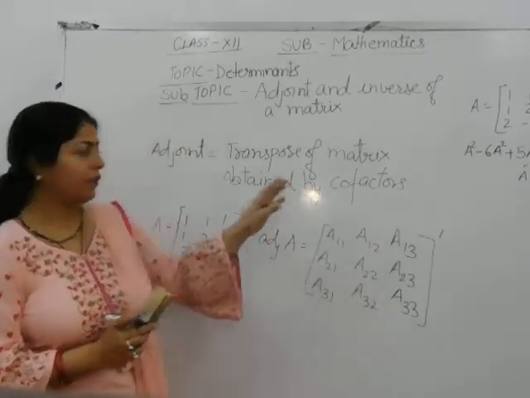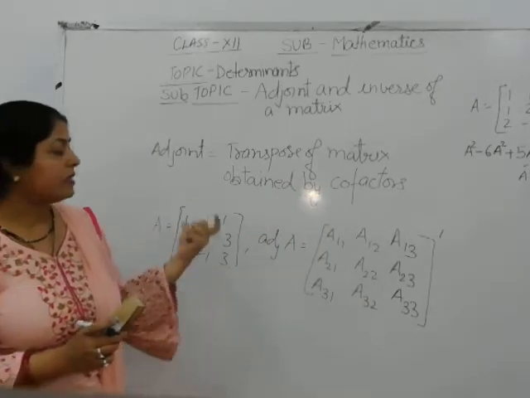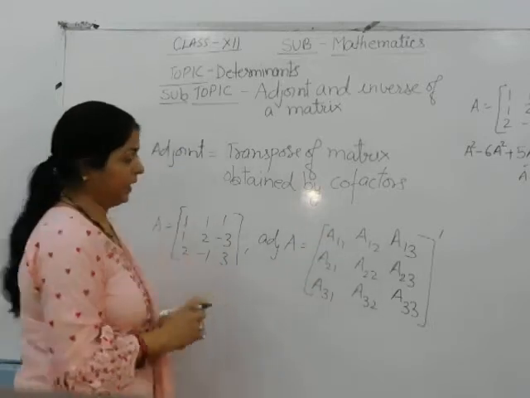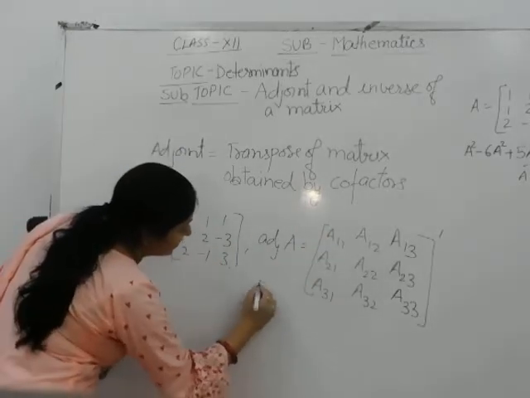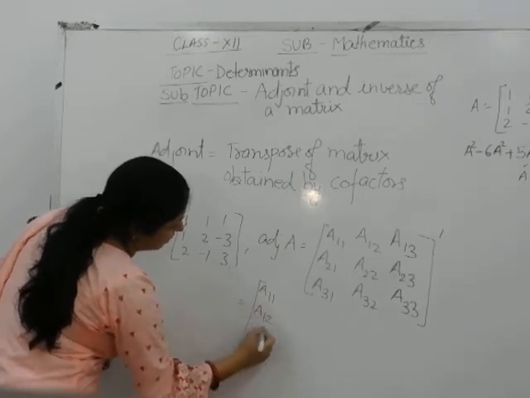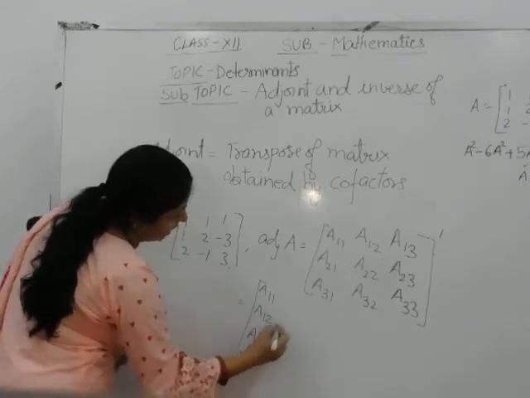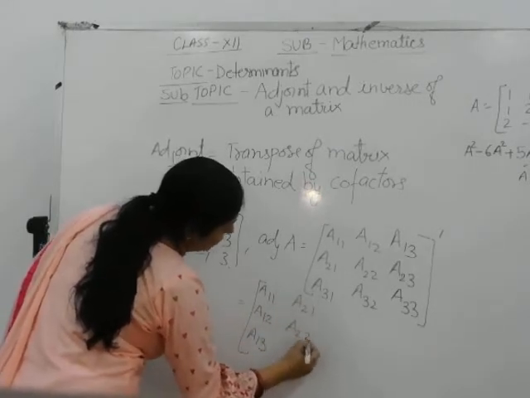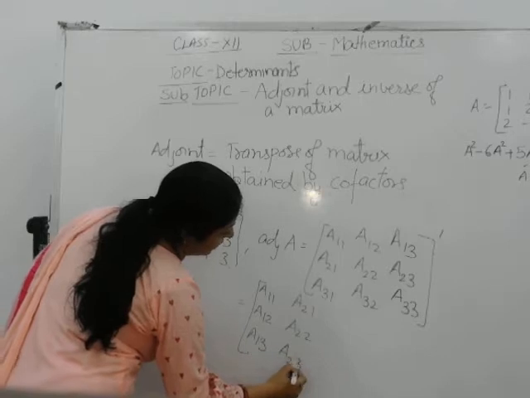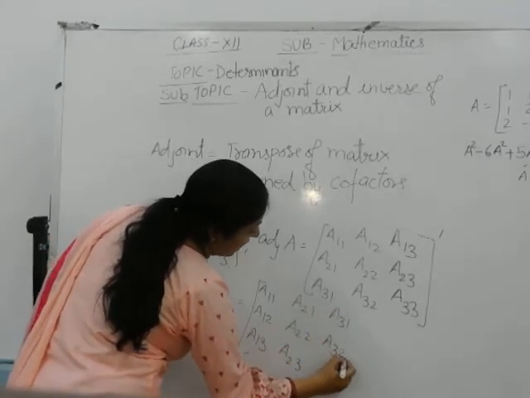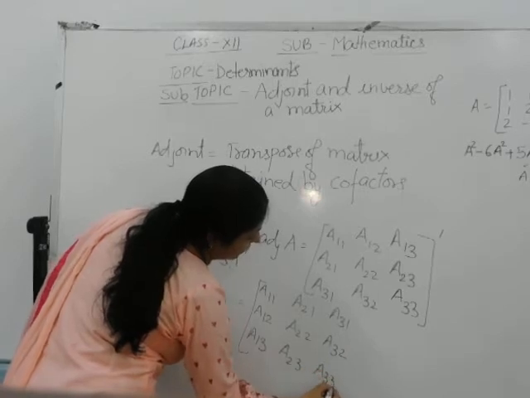And what is the meaning of transpose? Transpose means we just interchange row and column. So this is A11, A21, A31, A12, A22, A32, and A13, A23 and A33.